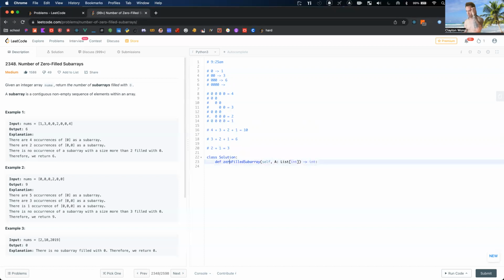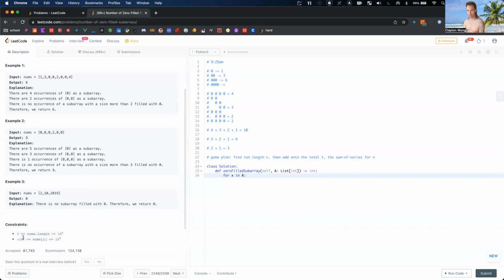Okay, so we'll just find the runs, right? Here's the game plan: find the run length n, then add onto the total t the sum of the series for n. Okay, there's our game plan, and let's implement it. For x in a, let's see what the values are, from negative 1 billion to positive 1 billion.